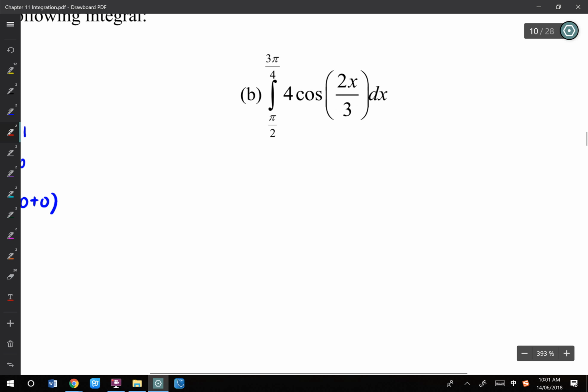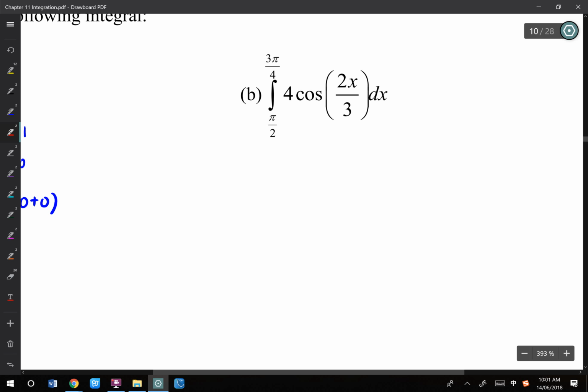Okay, for circular functions, I still feel this is the weakness for most of you when doing the antidiff. You're confused about what the antidiff of cosine is, what the antidiff of sine is. If you really can't remember, you can remember the diff and then go the opposite way. If the diff of sine is cosine, then the antidiff of cosine is sine. So that's another way you can remember that.